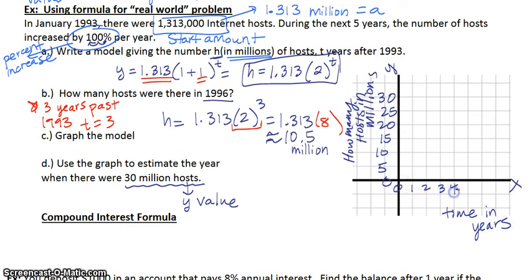Now, normally you just have to graph 2 points, but in order to actually do part D, which is estimating, we need to be a little bit more exact here. So what I'm going to do is create a table of values, and we'll just find the first several just to make sure that we have a nice enough graph that I can do some estimating. When X is 0, that is the y-intercept actually, so that one's just 1.313.